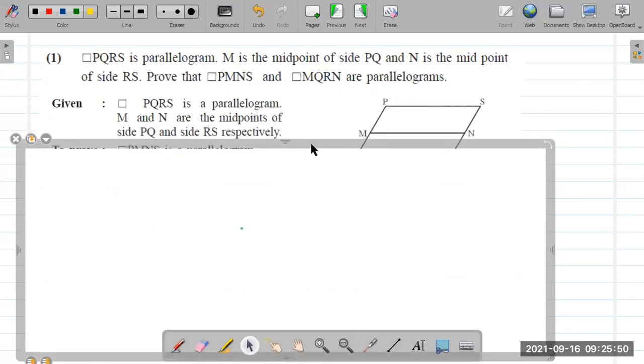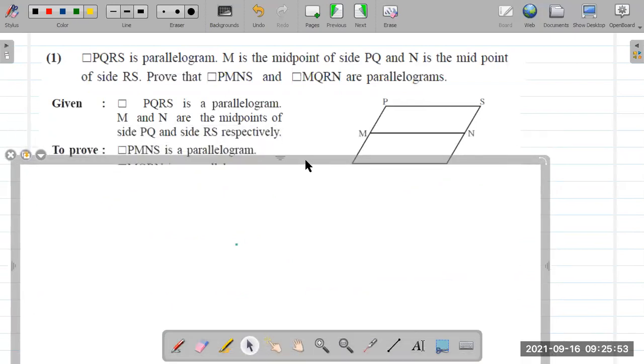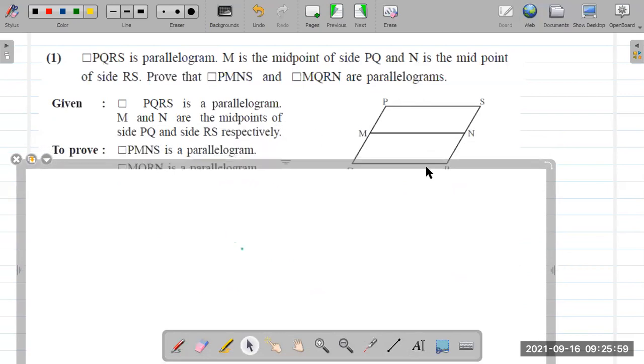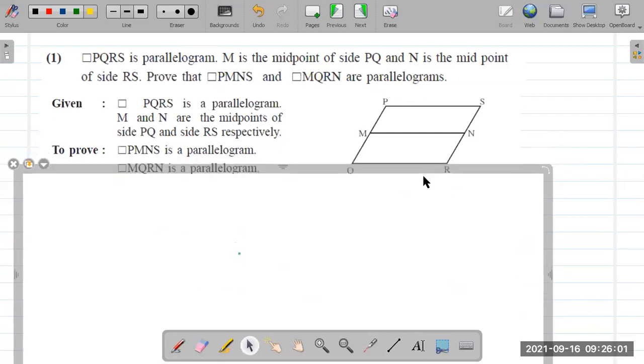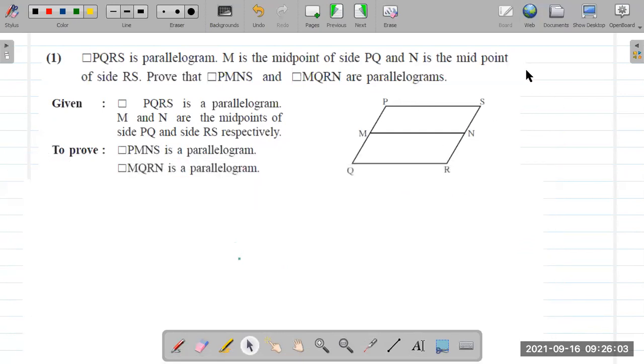For this question, what are we given and what are we asked to prove? We are given that PQRS is a parallelogram, the bigger one. We are also given that M is the midpoint of PQ and N is the midpoint of RS.